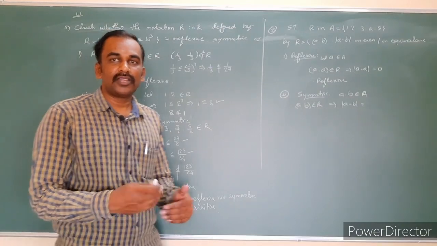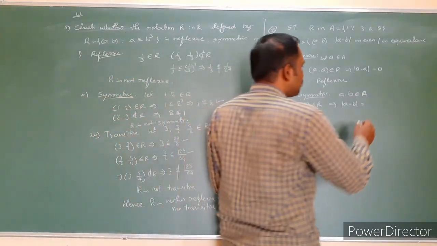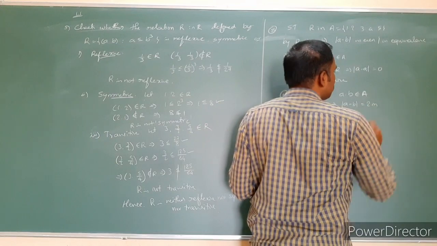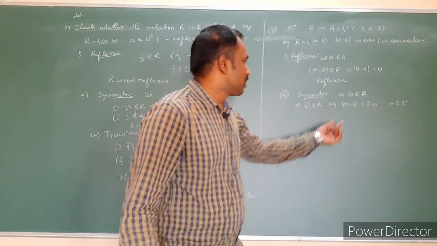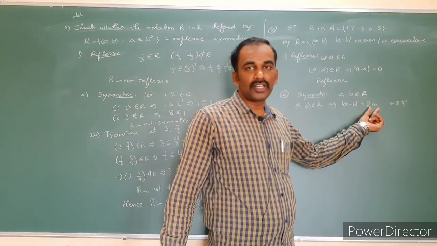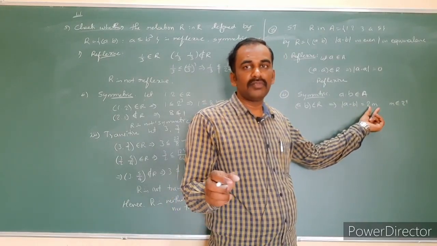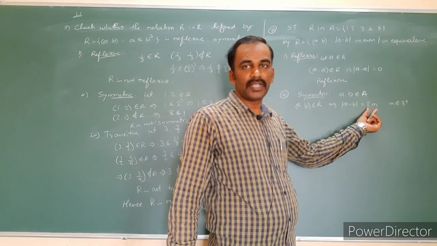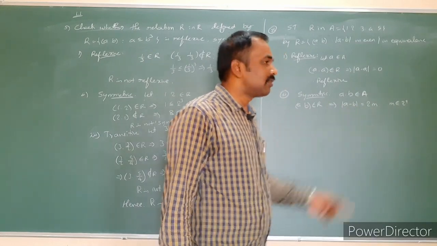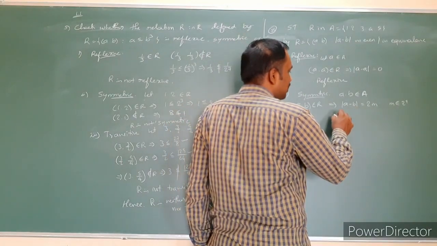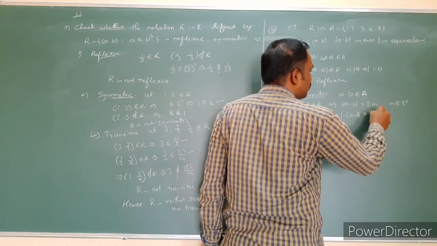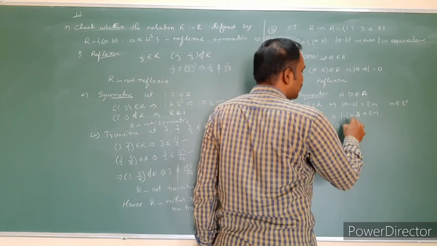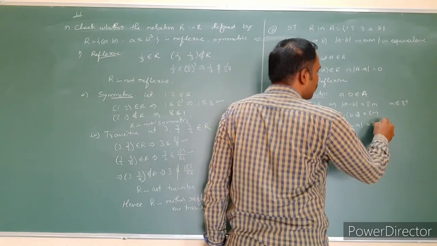It is divisible by 2, which is nothing but 2m, where m is a positive integer. So 2 times m. Here I change it a little: minus is common, so |b - a| = m, as it is.